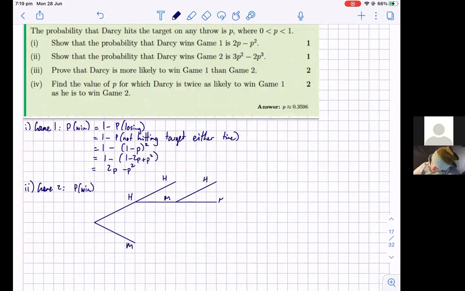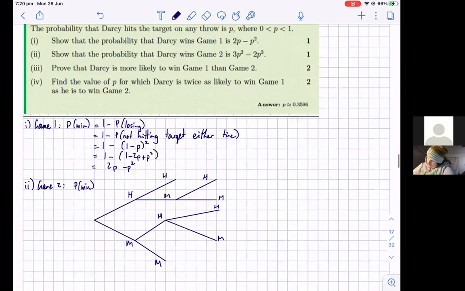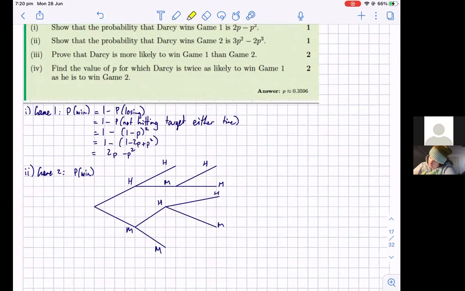Hit, miss. If you miss the first one, hit, miss. If he misses twice, he can't hit twice. Hit, miss. Yes, looks great. So he could hit, miss, hit, miss, hit. There are only those options.